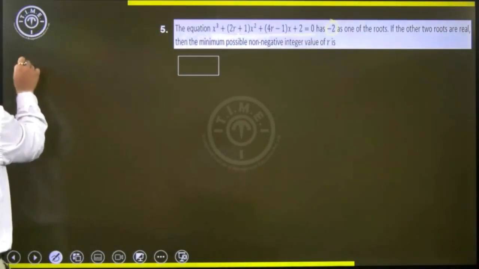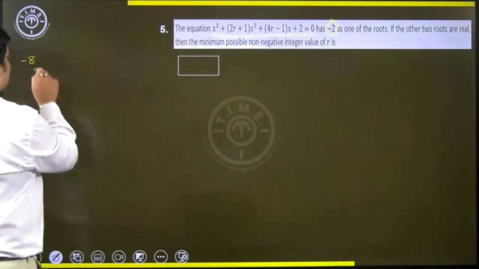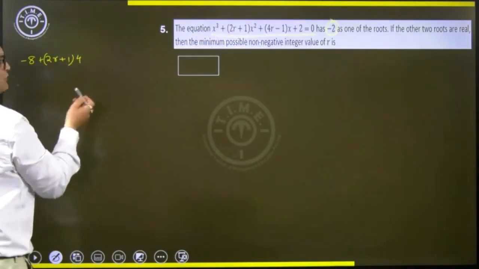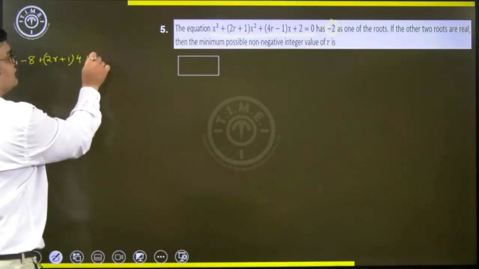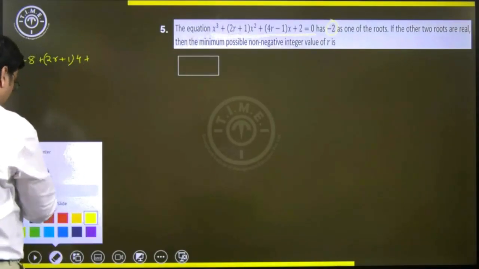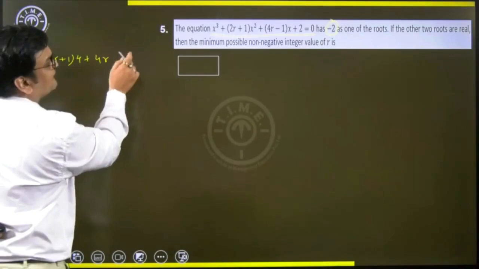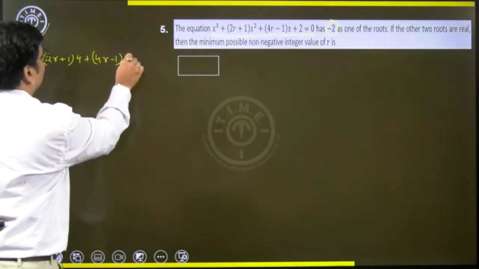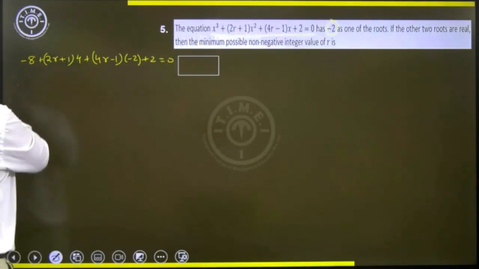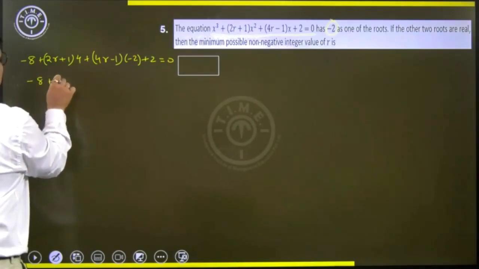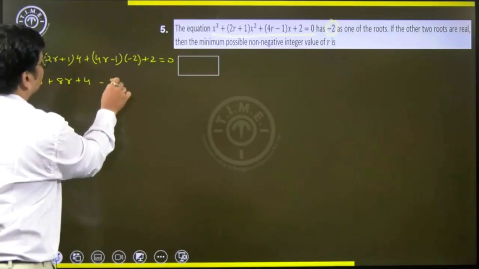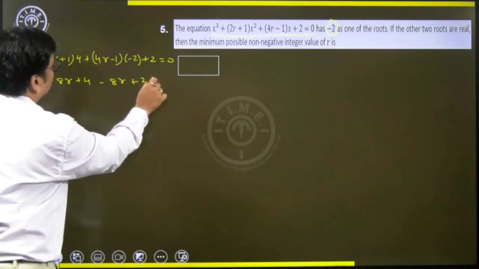Minus 2 whole cube plus (2r plus 1) into minus 2 whole square, which is 4, plus 4r minus 1 into minus 2 plus 2 should be 0. Now, when you solve this, this will be minus 8 plus 8r plus 4 minus 8r plus 2 should be 0.